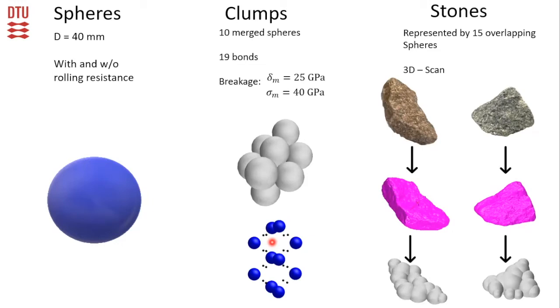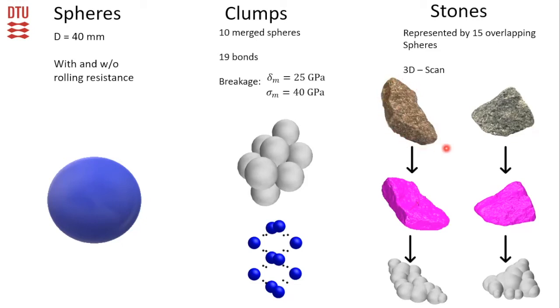Lastly, the ballast is modeled using real ballast stones to obtain the possibility to simulate the rough surface and natural geometry of granite stones. So 10 actual granite stones delivered by Banedanmark were 3D scanned. And on the right, you see pictures of 2 of the stones.